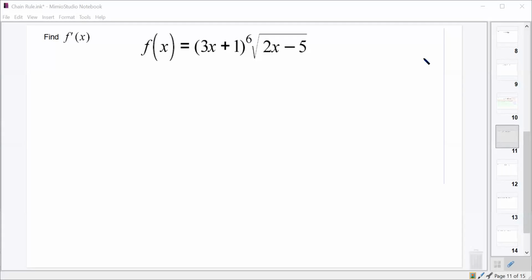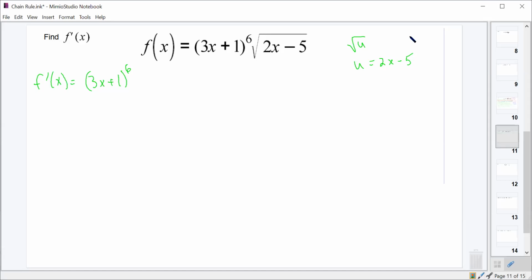So once again, it's the product rule, right? We got 3x plus 1 to the 6th times the square root of 2x minus 5. So our derivative, f prime, ought to be the first term, 3x plus 1 to the 6th, times the derivative of root 2x minus 5. So the derivative of root 2x minus 5, that's root u with u equal to 2x minus 5.